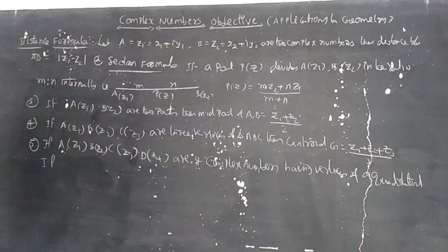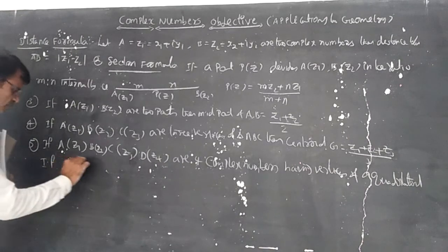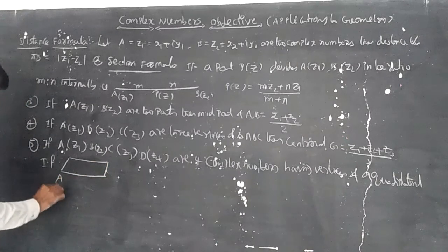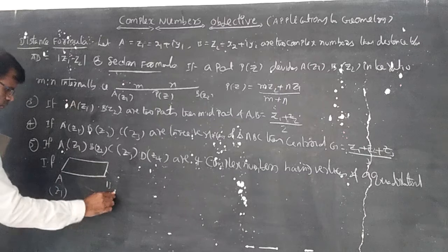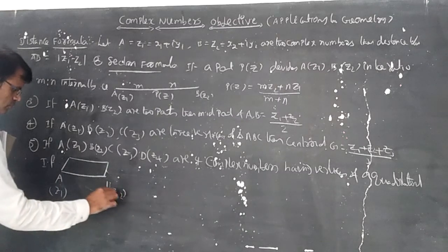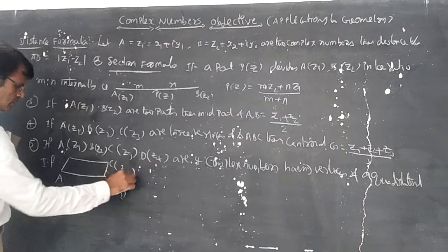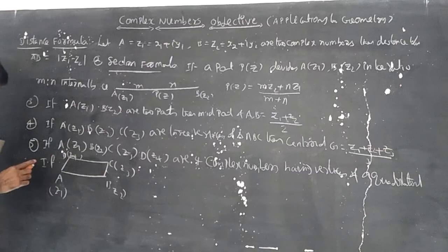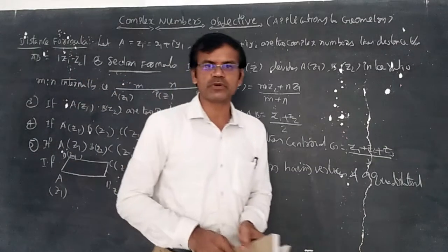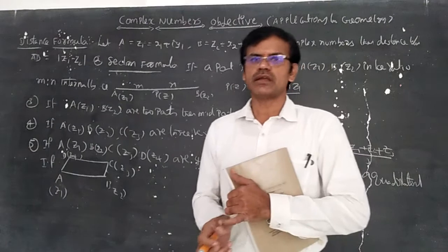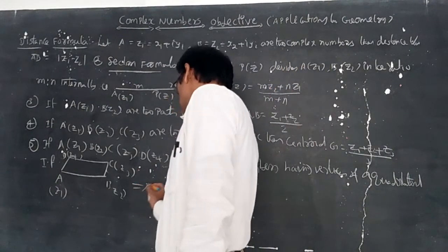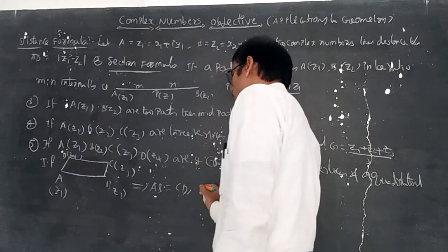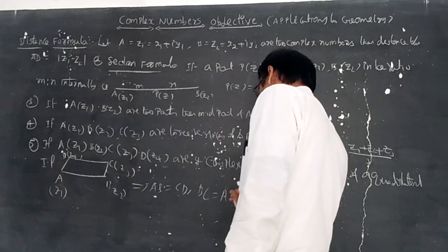Draw a parallelogram. Using the property of the parallelogram, right here this is A(Z1), B(Z2), C(Z3), D(Z4). A parallelogram means two opposite sides are parallel and equal. That implies AB is equal to CD, and BC is equal to AD.